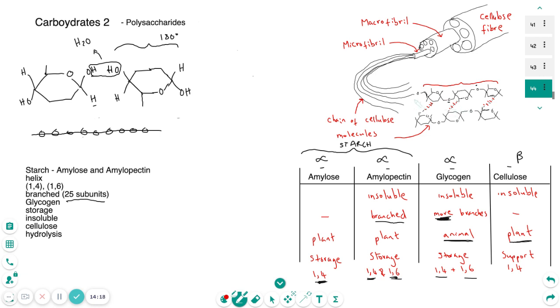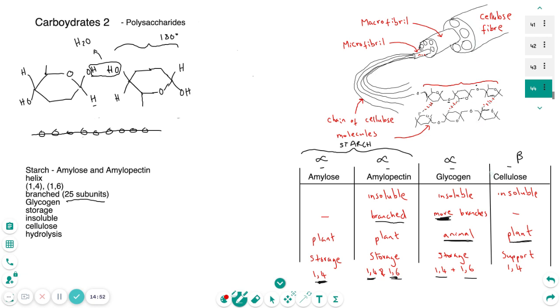And we call that collection of chains a microfibril. You can see how they've all gone into this part here. Microfibrils are all bunched together to make something bigger called a macrofibril. And the macrofibrils are also bunched together to make the complete structure, which is the cellulose fibre. And this is what's found in the cell wall of plants. It's really, really strong as a collective of all these chains put together.